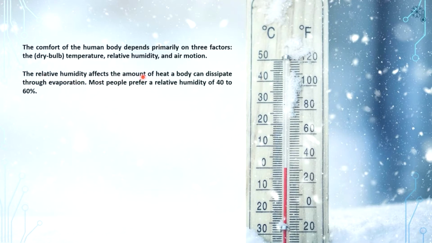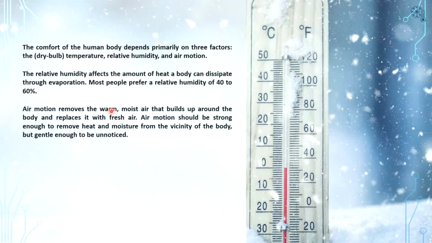Now, the relative humidity affects the amount of heat a body can dissipate through evaporation. If the humidity is too high, the dissipation will be slower. If the humidity is too low, you find that the air is too dry. Most people prefer a relative humidity of between 40 to 60%.